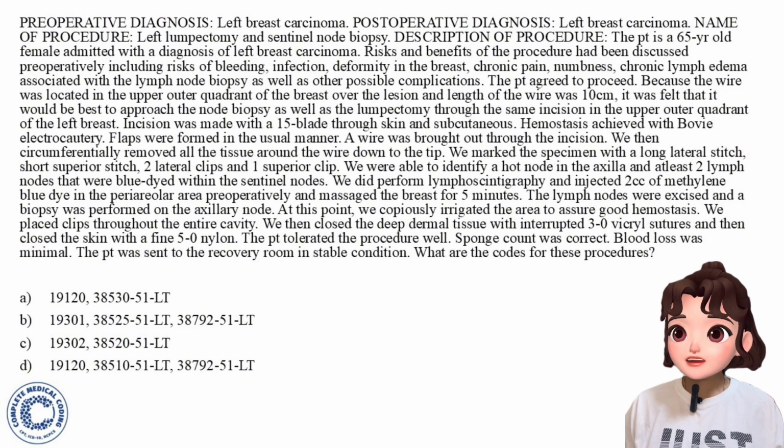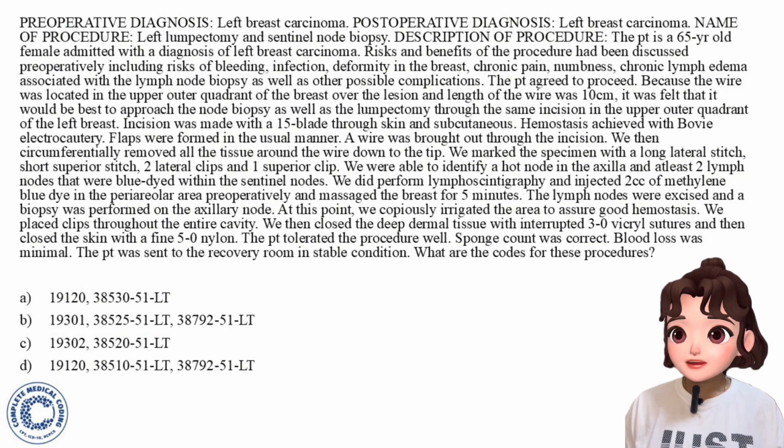We then circumferentially removed all the tissue around the wire down to the tip. We marked the specimen with a long lateral stitch, short superior stitch, 2 lateral clips and 1 superior clip. We were able to identify a hot node in the axilla and at least 2 lymph nodes that were blue dyed within the sentinel nodes.